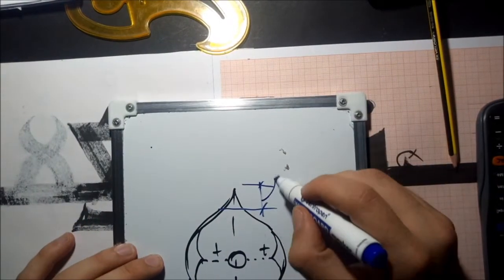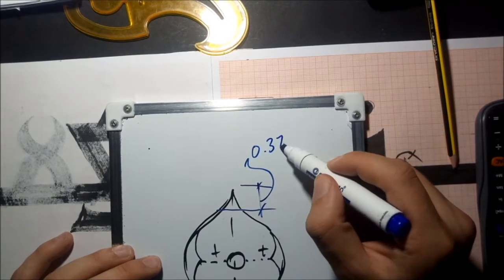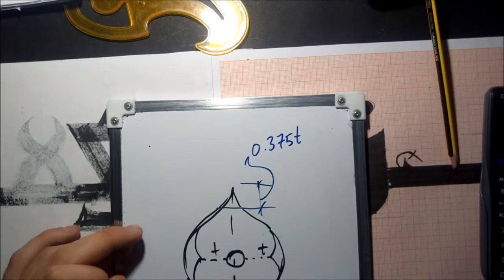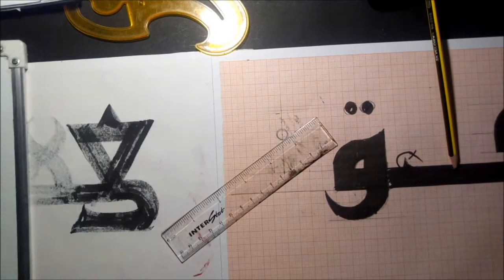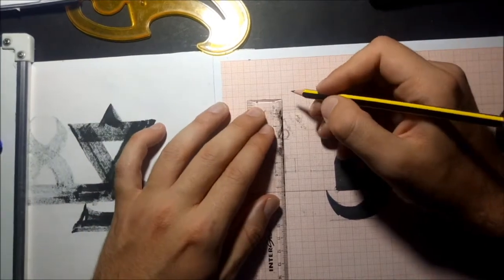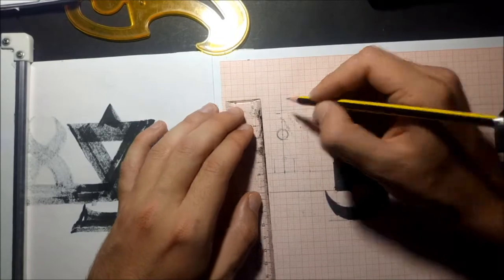This dimension is going to be 0.375 T or 0.4. It's up to you. Now when we multiply that by 16, it will give us 6 millimeters. Therefore we are going to move 6 millimeters again, which is right over here.